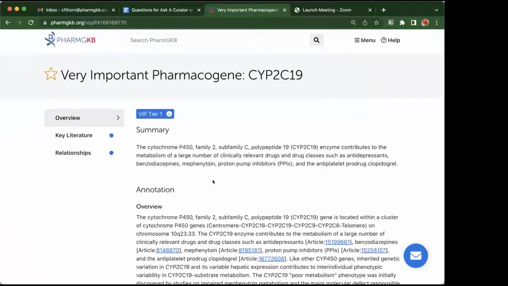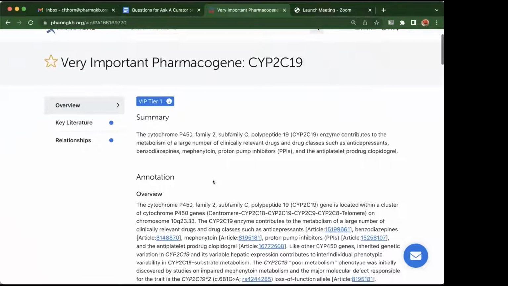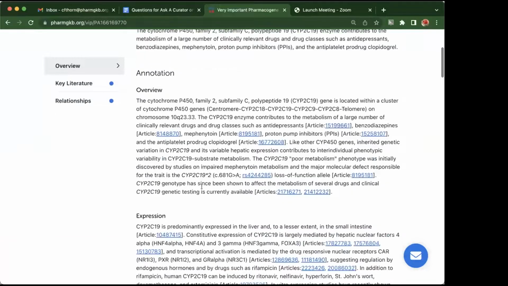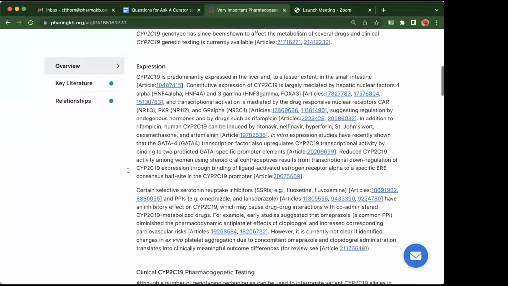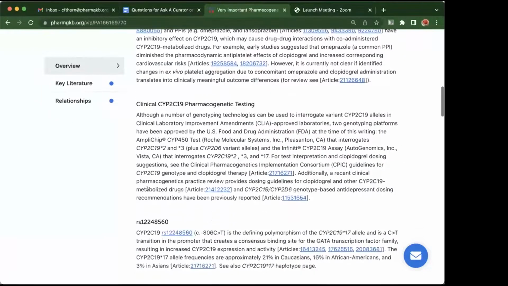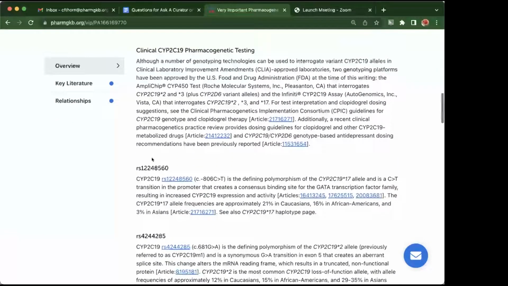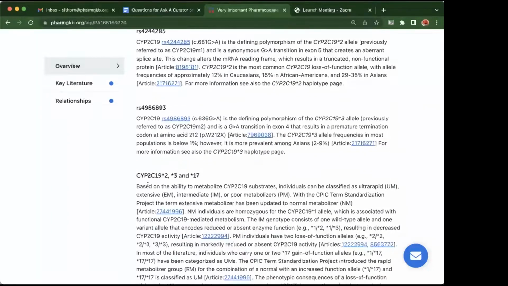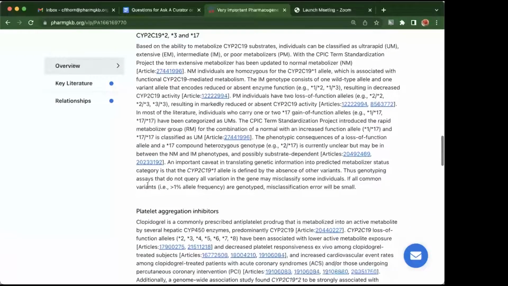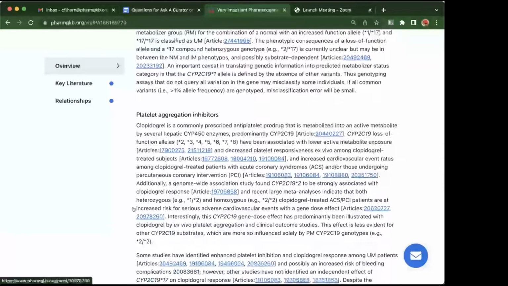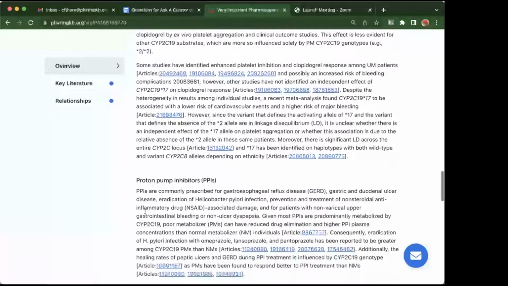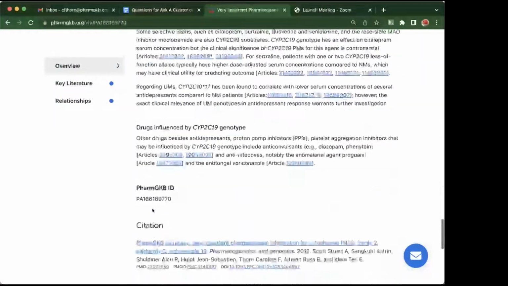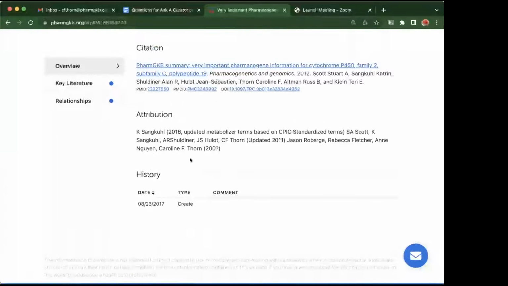They were done in collaboration with experts on those particular genes, and they have an overview and some of the historic information about the genes, about the variants that are important, haplotypes that are important, and how this relates to pharmacogenomics.